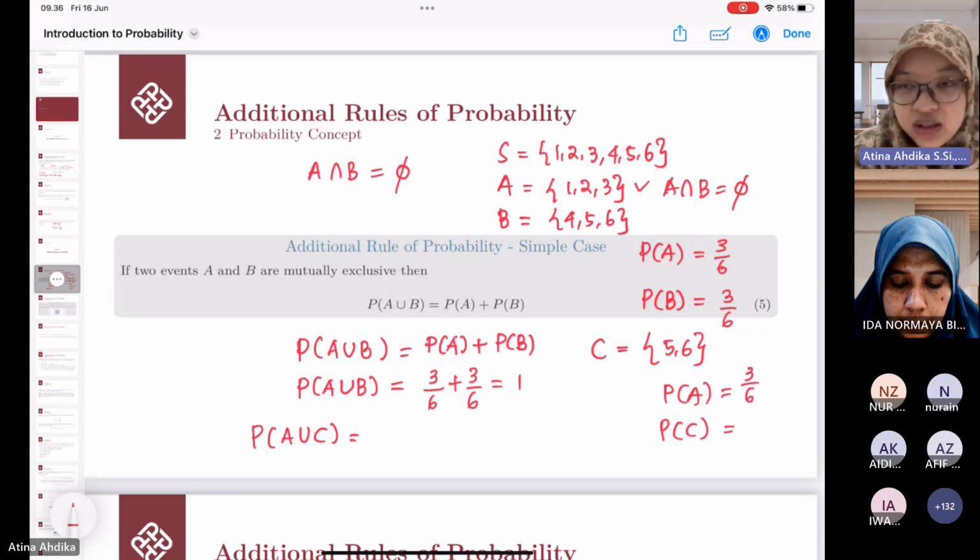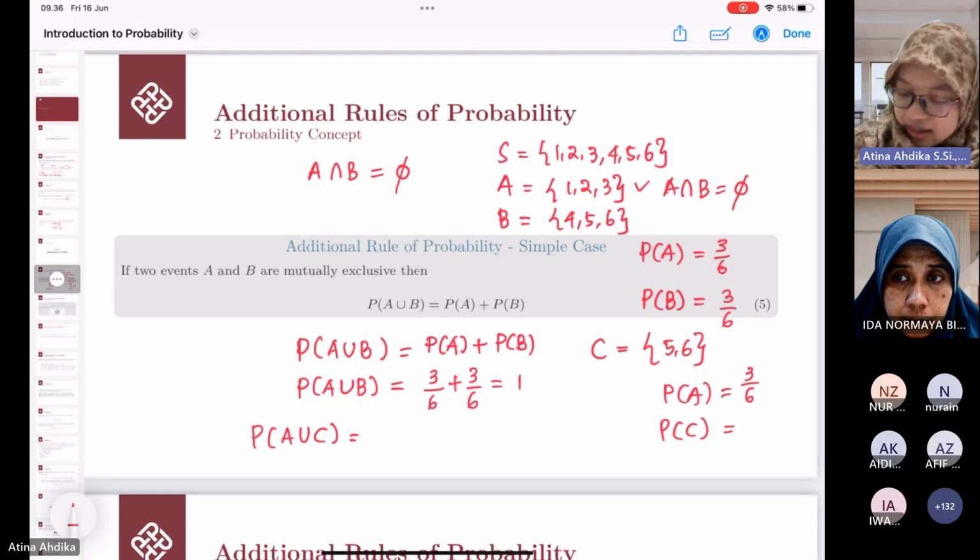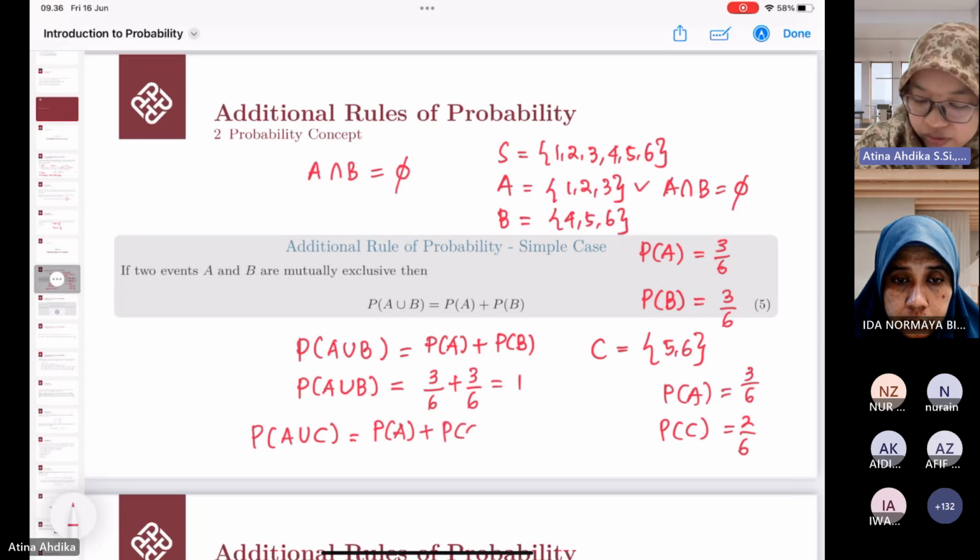And what is the probability of C here? Anyone? 2/6. Okay, so we sum the probability of A and the probability of C: 3/6 plus 2/6, so we have 5/6.